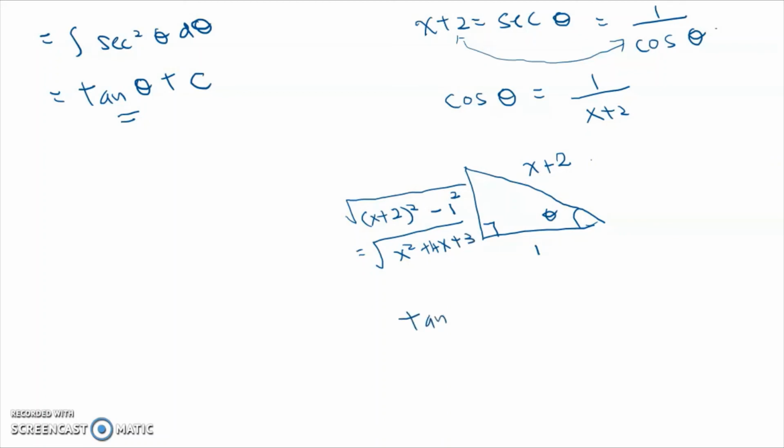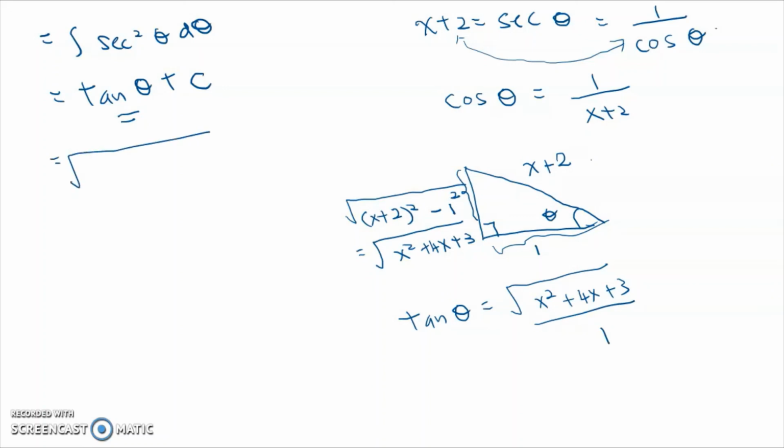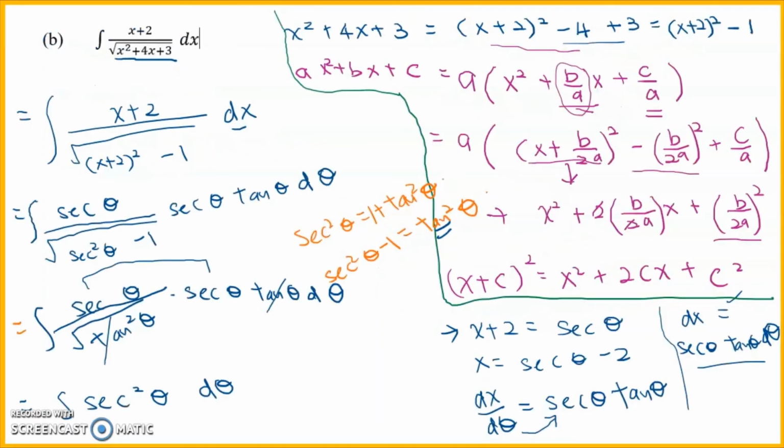So tangent theta, according to this triangle, should equal this line over this line. So it's the square root of x squared plus 4x plus 3 over 1, or equal to the square root of x squared plus 4x plus 3, plus c. So this is the final answer for this problem.